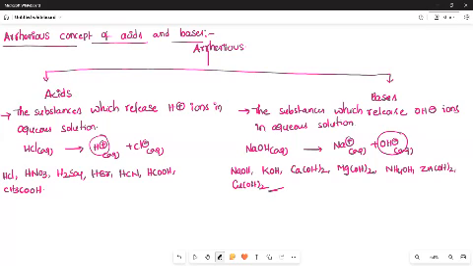So now I am considering all these as bases and those as acids. These acids are again classified into two types depending upon the degree of dissociation and the number of H plus produced: strong acids as well as weak acids.